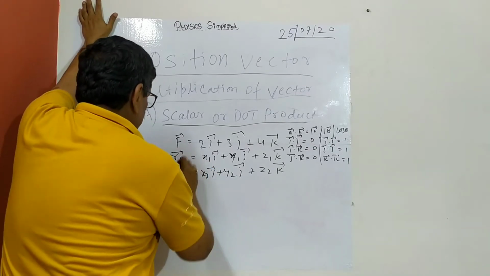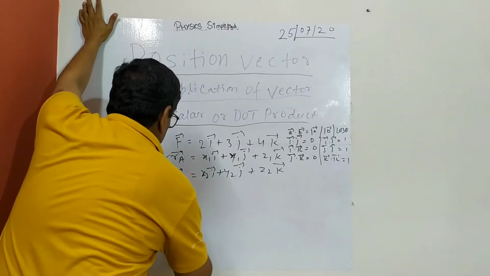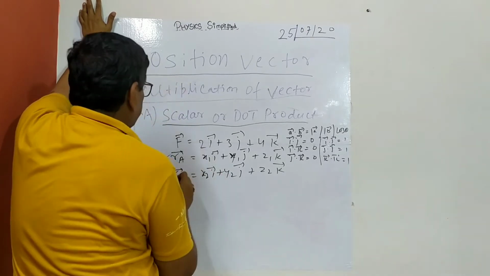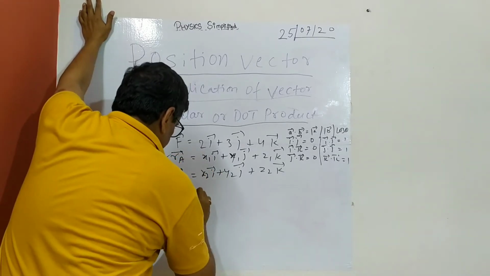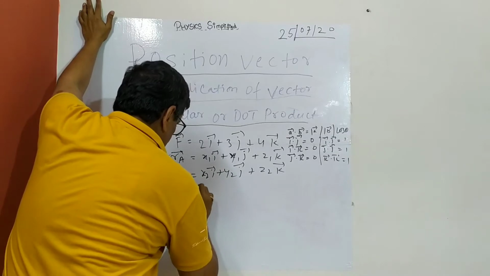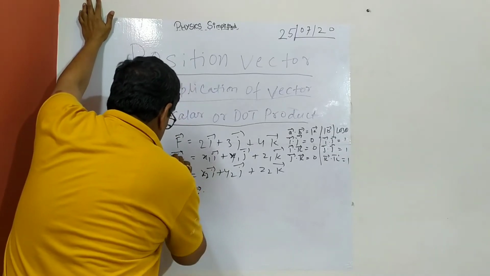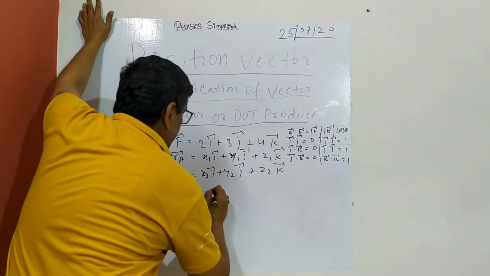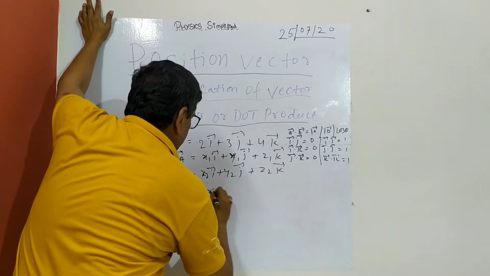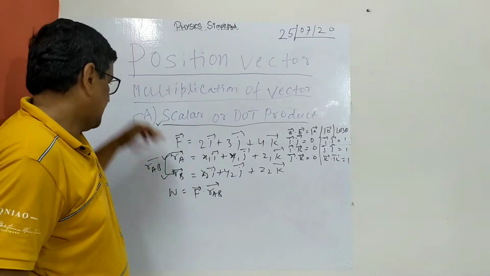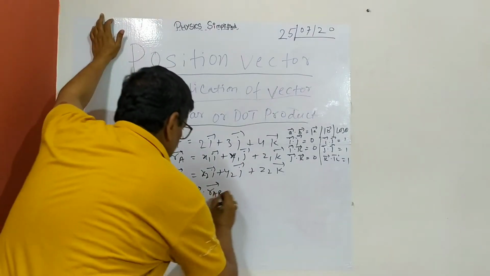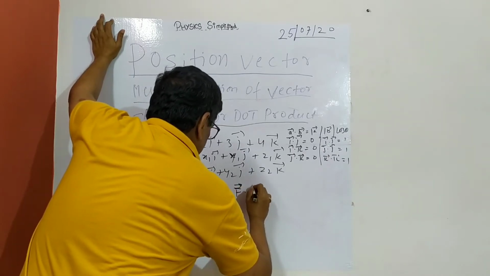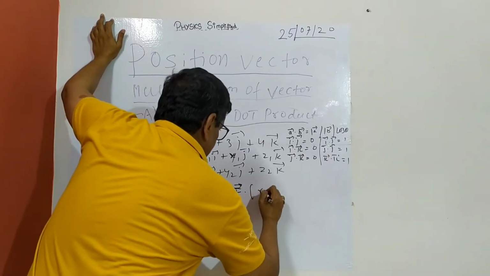So we have to calculate the work done. What will be the work done? It will be defined through the scalar product, because force and displacement. So we will say F dot, and this is displacement. Displacement vector is RAB, so F dot RAB. And RAB, you have already shown, is the displacement vector, RB minus RA.